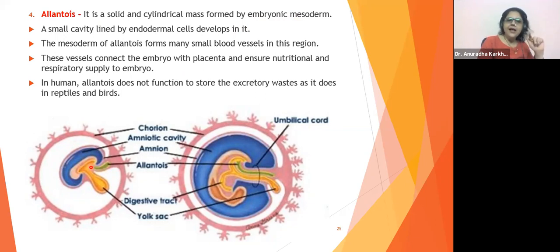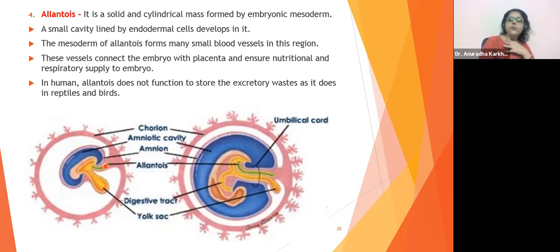A small cavity lined by endodermal cells develops in it. So in this cavity, this green structure that you can see now is going to be lined by whom? The endodermal cells. The mesoderm of allantois forms many blood vessels in this region.